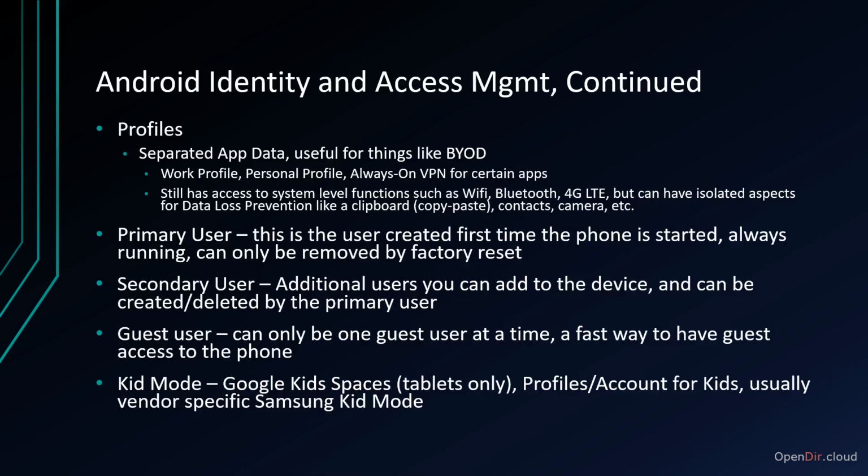You can also have secondary users, who are additional users you can add to the device, and those users can only be created and deleted by the primary user. And likewise, you can also have guest users, a fast way to give someone access to your phone and maybe limit what they have access to.